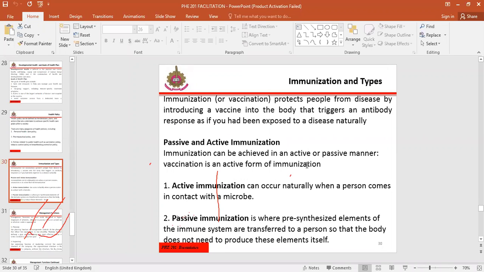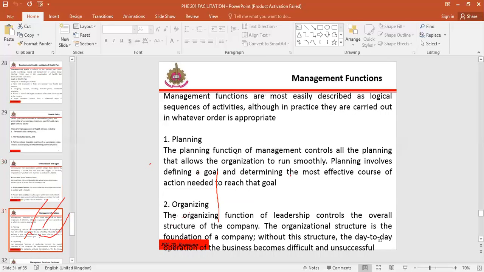That is, some pre-sensitized element has to initially be induced into the body system of the person, so that when the body comes in contact with such a microbe, it will be able to produce the needed immunity against such a disease or microbe.